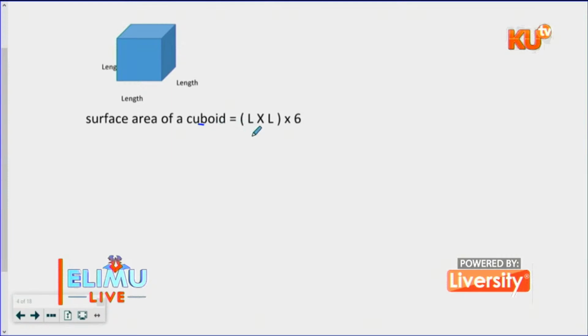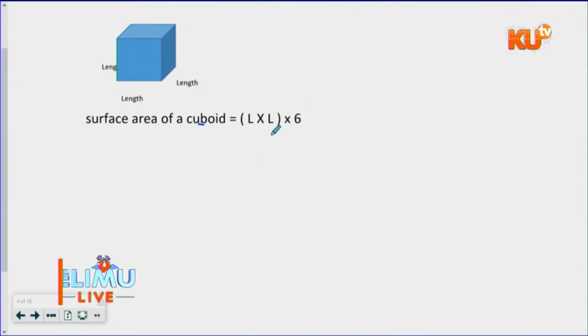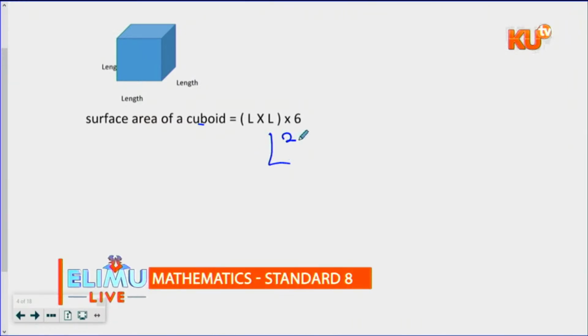Somewhere you will get that the formula is written, like in this case we've used length, it will be written L squared, like this, then multiply by 6. That simply means that the answer you get after working out what is inside the bracket, you multiply it by 6.